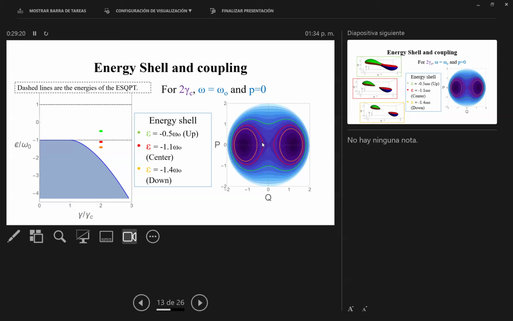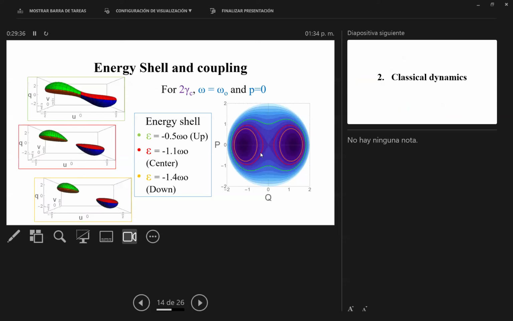If we increase the energy of this shell, we have this hyperbolic point, which is the point where the energy shells touch. It looks like this in this three-dimensional plot: the green, the red one, and the orange one.